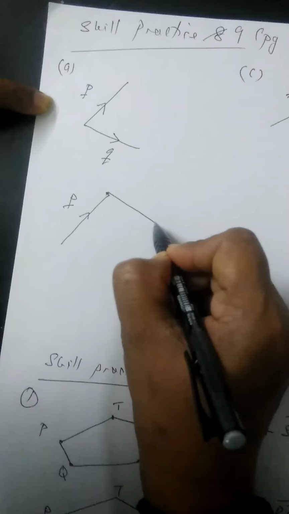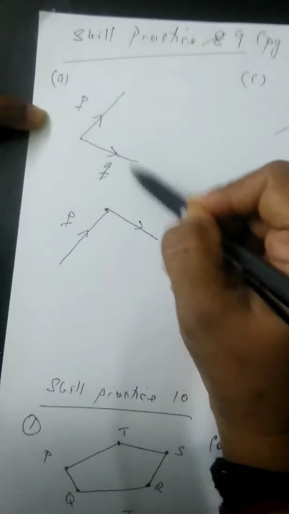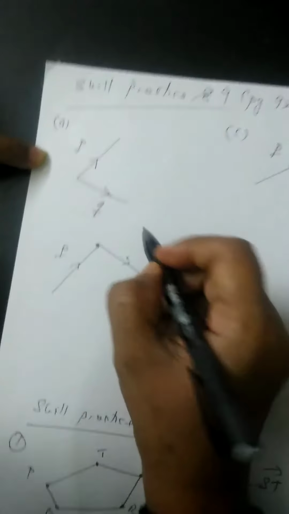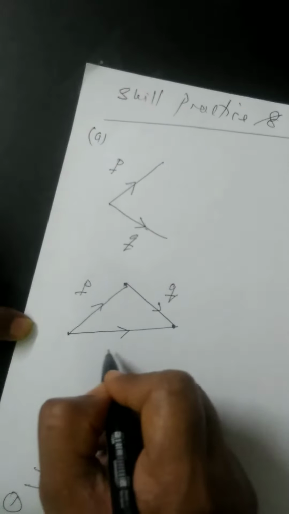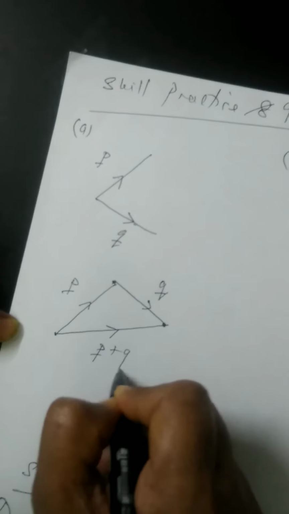From this point onwards, I will draw my vector Q, parallel and with the same magnitude. Vector Q ends here. Now from the initial to the terminal, this is my resultant vector of P plus Q. So it forms a triangle law.